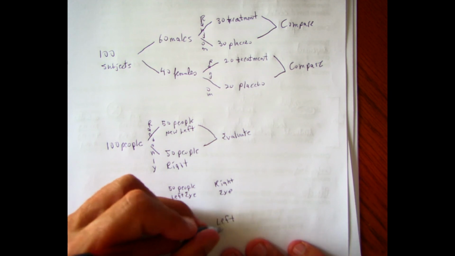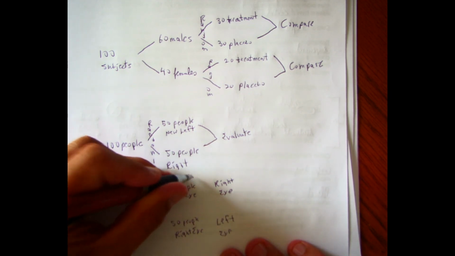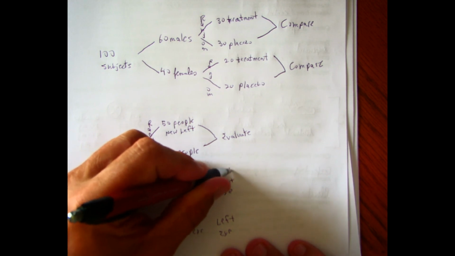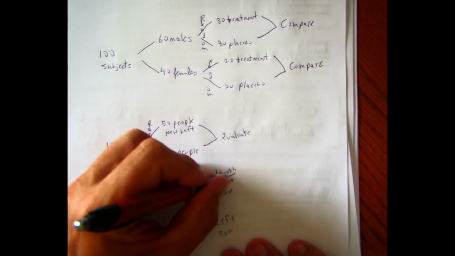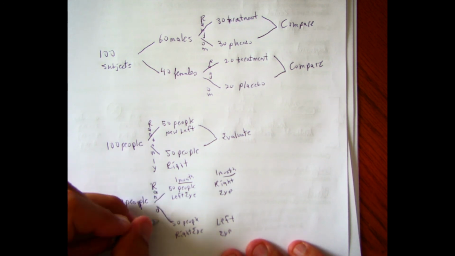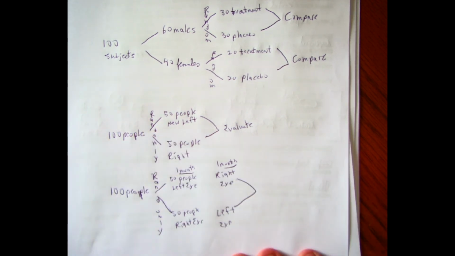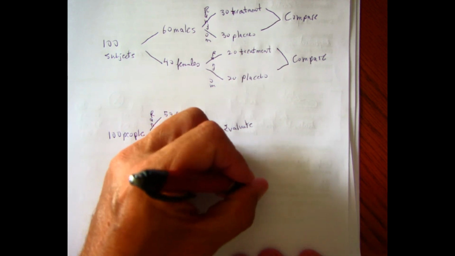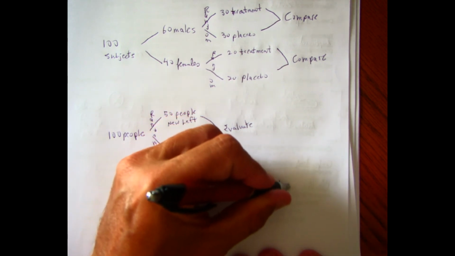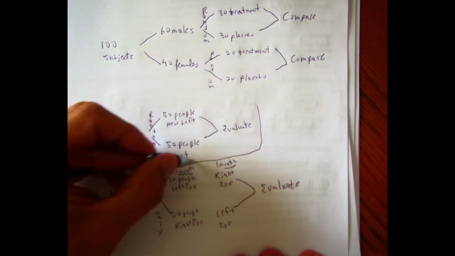And let's say that this is going to be 1 month here and 1 month here. Okay. And I would randomly assign which person went in each group. You know, I would randomly select the 50 people, and then I would evaluate. Okay. I tend to use this design right here.